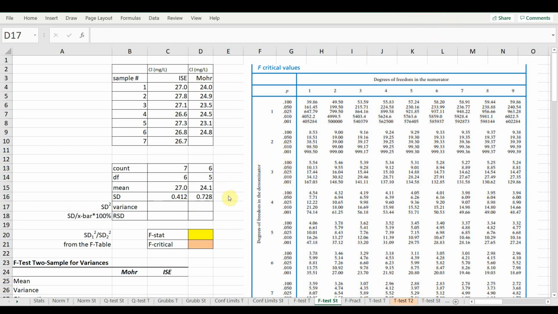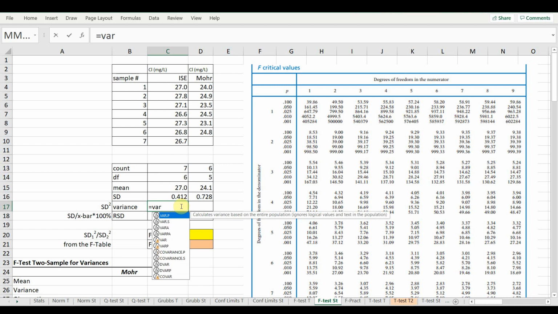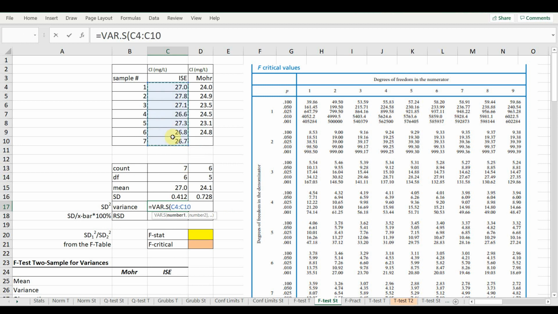Now you may be wondering, we don't have a value in cell D10. What does Excel do? If there's no value in the cell, it just ignores it. So it'll give the same value as if you chose only the first 6 cells. So it's okay. For the variance, you could just square the standard deviation, but there's also a function for it called VAR.S, tab. We can drag that across.